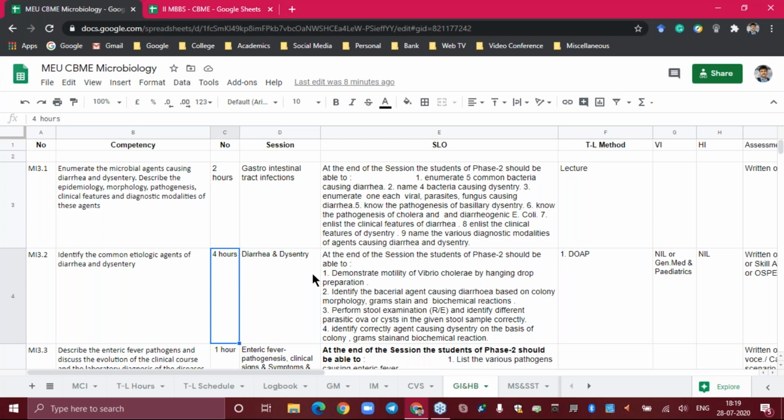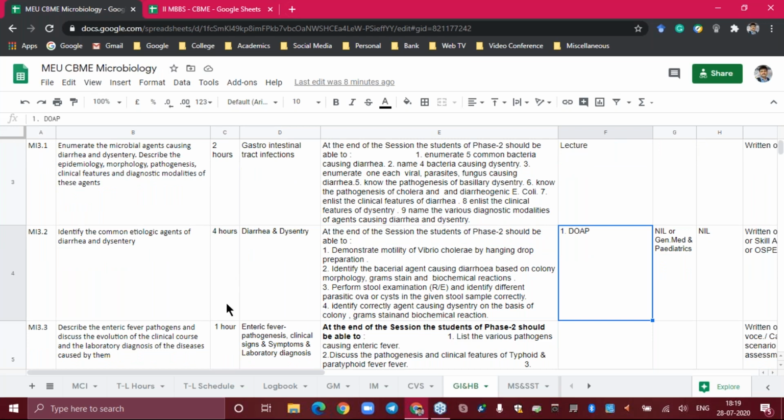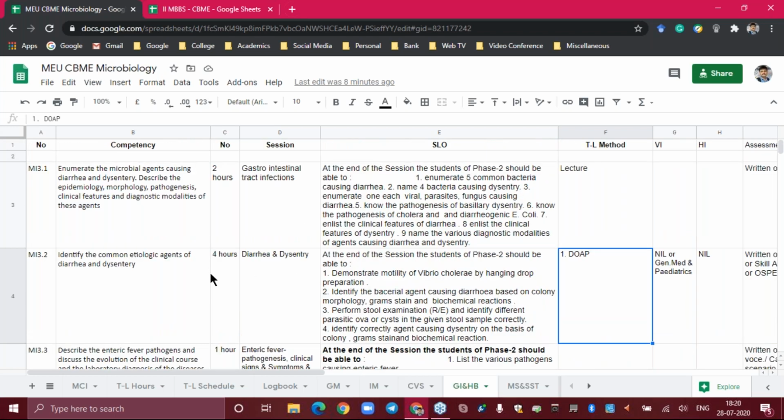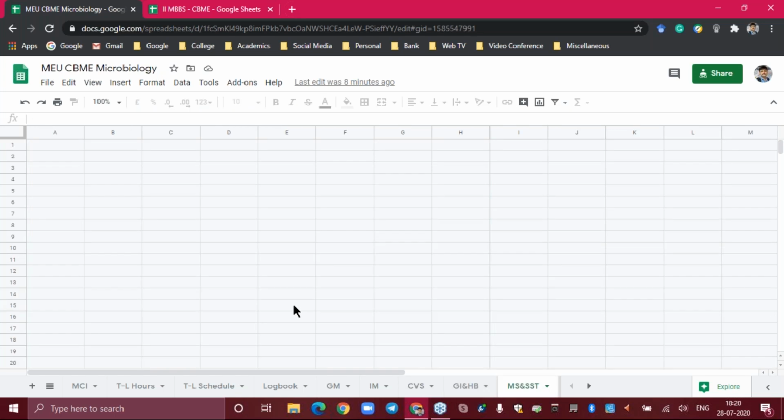So a 2-hour session is going to be a DOP, and there needs to be another 2-hour session of one more DOP. In the first DOP, what we are going to do, in the second DOP, what we are going to do, the objectives need to be separated, right? So that is some work. That is not that much of great work, but only a few things to be clarified.